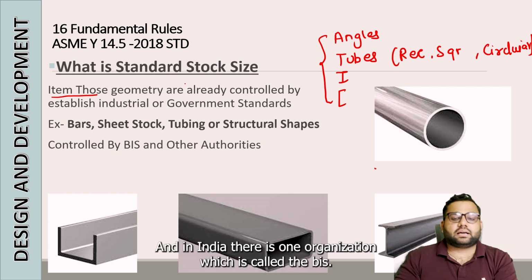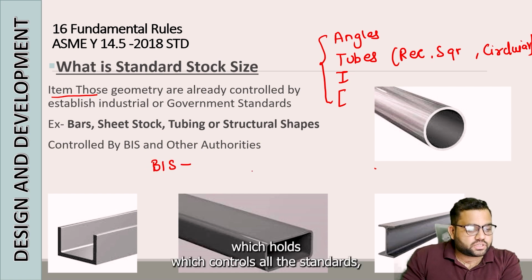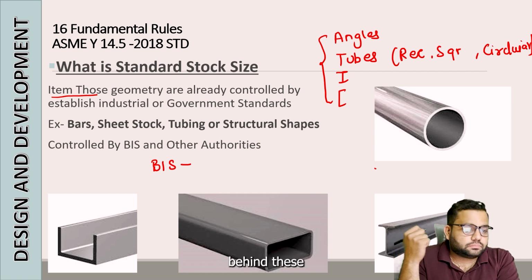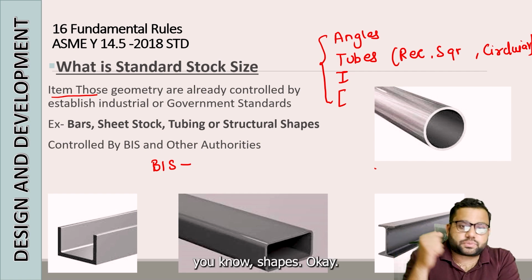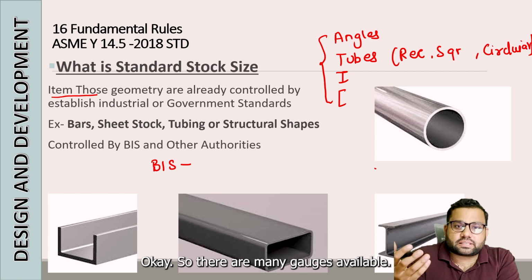In India, there is an organization called the BIS, which controls all the standards behind these shapes. In the case of bars and sheets, there are many gauges available.